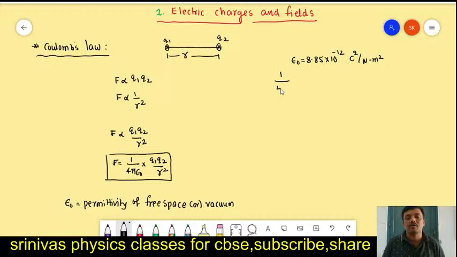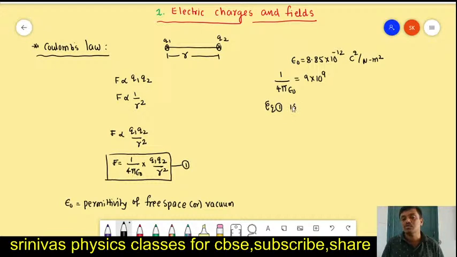The value of 1 by 4 pi epsilon naught is also something you should remember, that is 9 into 10 to the power of 9. Equation 1 is useful when the two charges are placed in the vacuum.